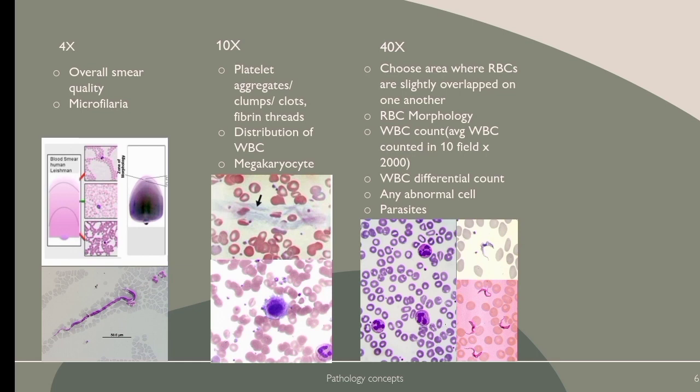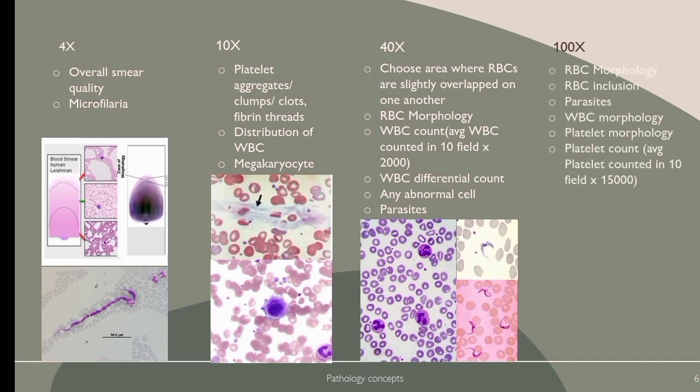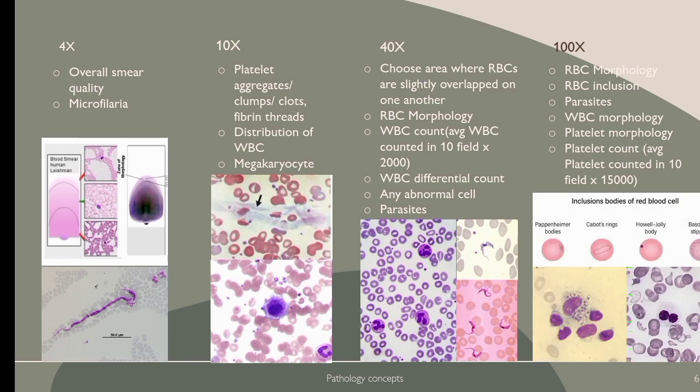For detailing of RBC morphology and platelet count, you can now change the lens to 100x, which is also called the oil immersion lens. You have to put immersion oil on the smear before switching to 100x. In this view, you can clearly see RBC morphology like RBC inclusions, parasites like malaria, WBC morphology like Dohle bodies, hypogranular or agranular neutrophils, and platelet morphology and count.